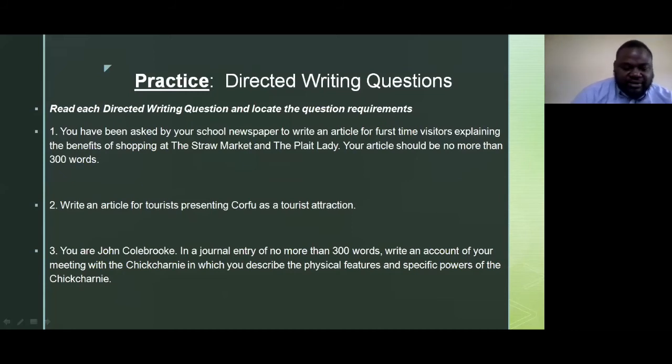I need for you to tell me who is the audience it is addressed to. I need to know the content that is to be included, and I would like to also know the format that you are to use. Those are the 4 things you must locate. That is a directed writing question, though it is 1 sentence.